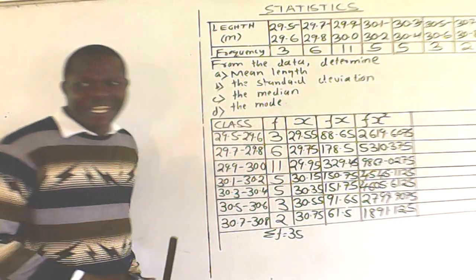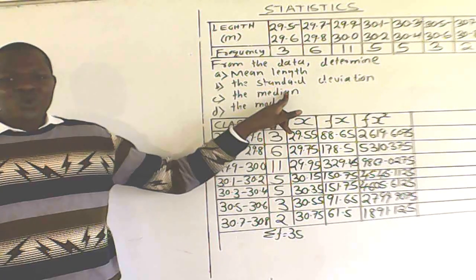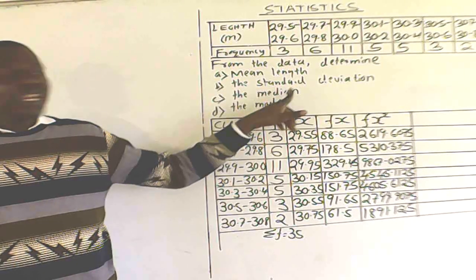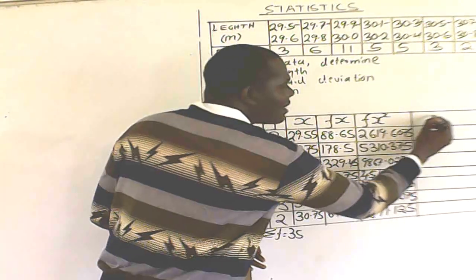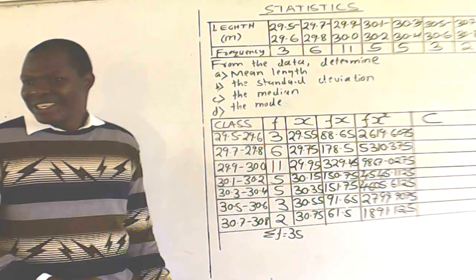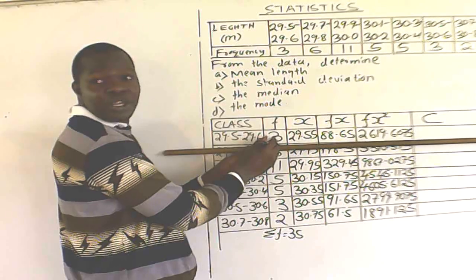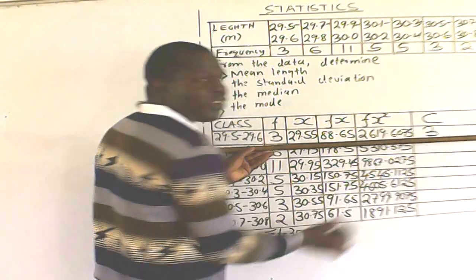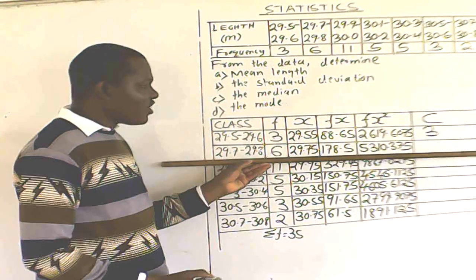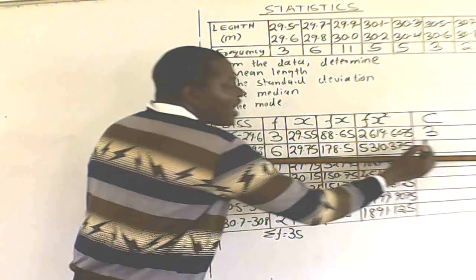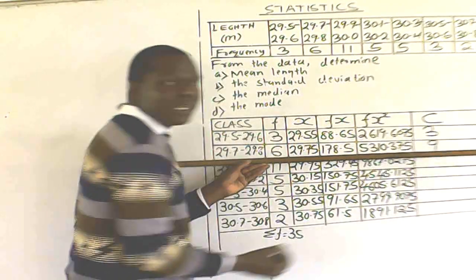Then the next, we are going to look for the median, isn't it? So when we are going to look for the median, we need the cumulative frequency C. In this first row, the frequency is 3, meaning you've counted 3. Then in this next row, you've counted 3 and you are counting 6 more, meaning at the end of this row, you have counted a total of 9.